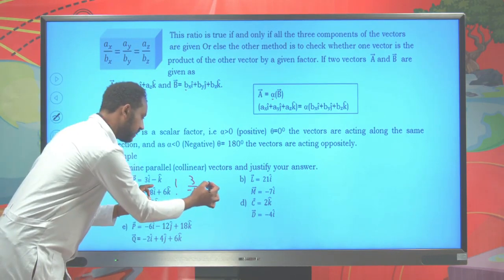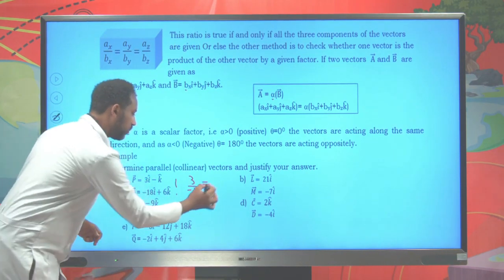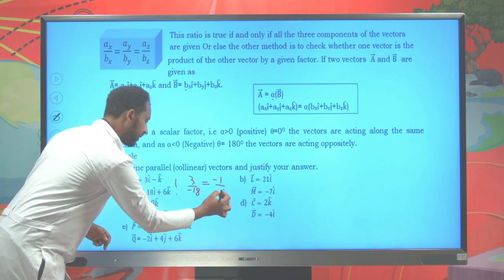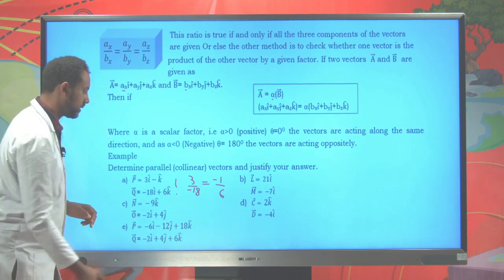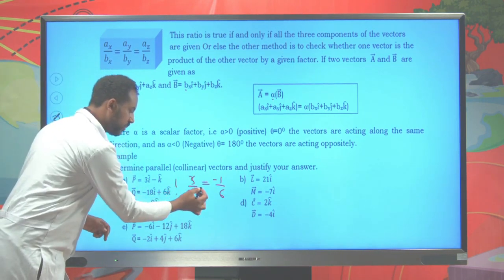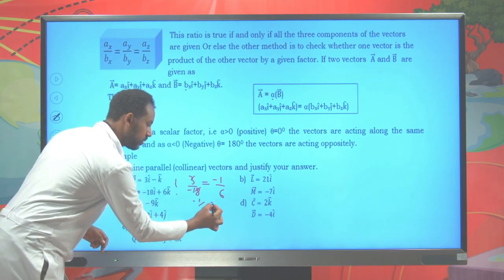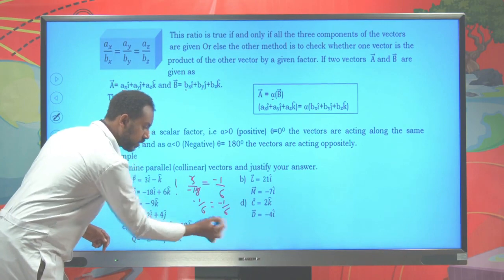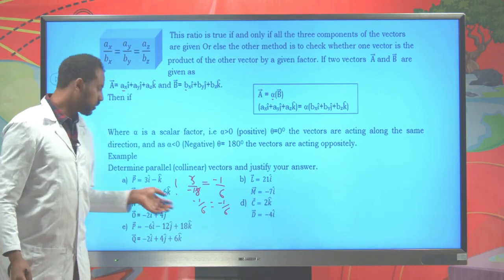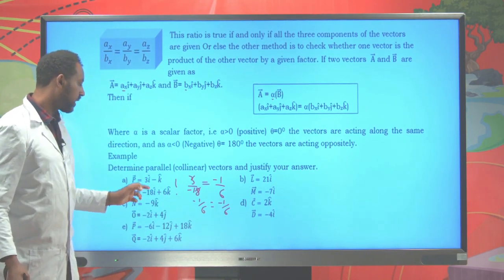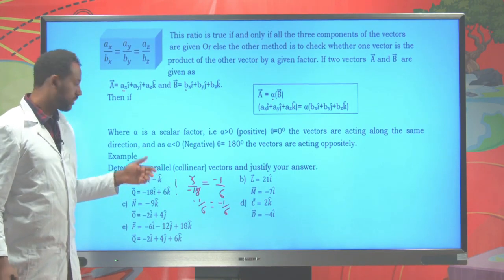You have to check whether these ratios are equal or not. Minus 1/6 and minus 1/6. When you simplify this, minus 1/6 is equal to minus 1/6. They are equal. If this is equal, it's possible to say that these two vectors are parallel vectors.